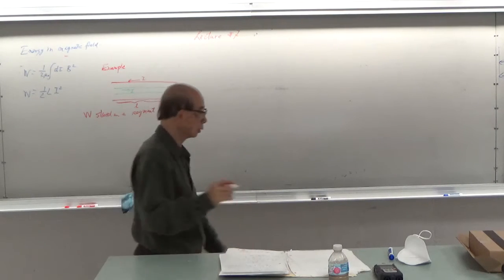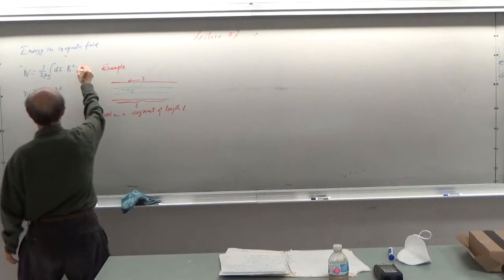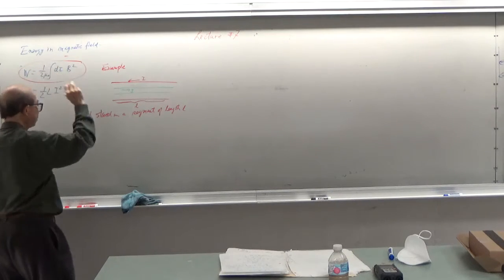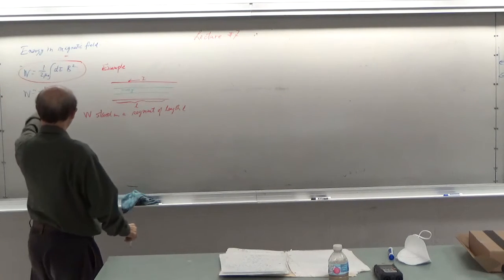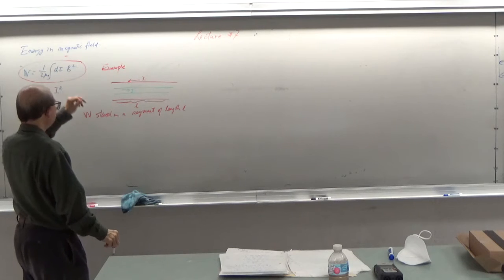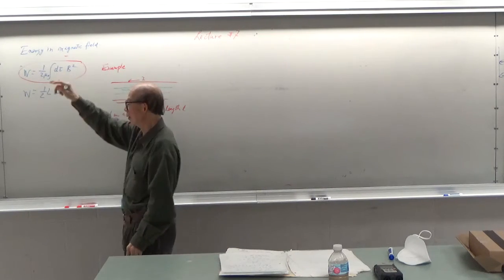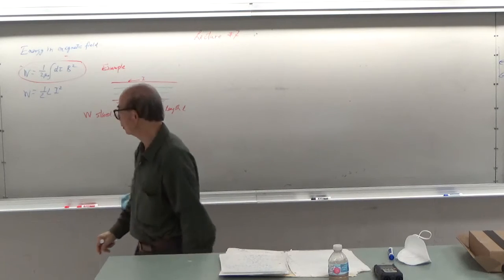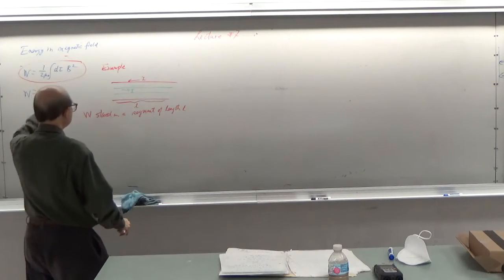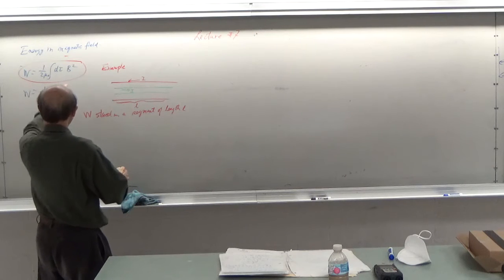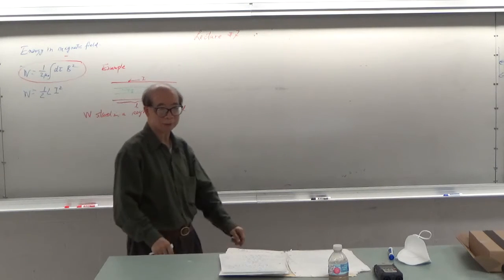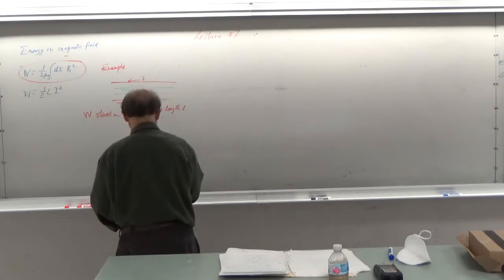An obvious way to do it is to apply what we derived last time, namely that the energy stored is nothing but the volume integration of B squared divided by 2 mu naught. So we have to find B for this cable, obviously.